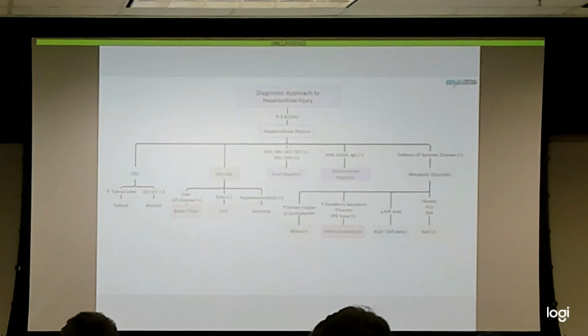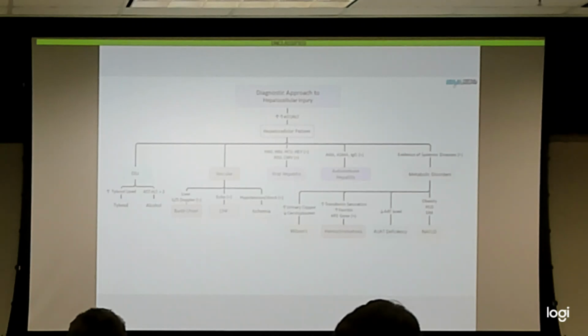Viral hepatitis is on your differential. You've got autoimmune hepatitis, so you've got to start drawing some more labs for that. And then maybe some systemic diseases, and then you've got your non-alcoholic fatty liver, A1AT deficiency, so your alpha-1 antitrypsin, she has talked about that. That can cause elevations in your liver enzymes when they're super sick.